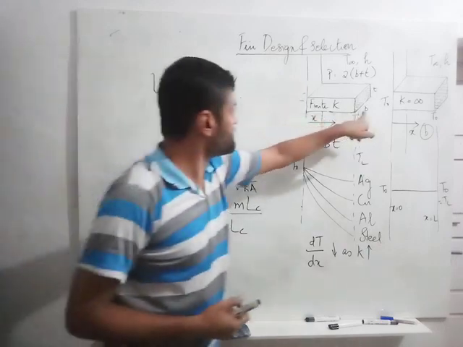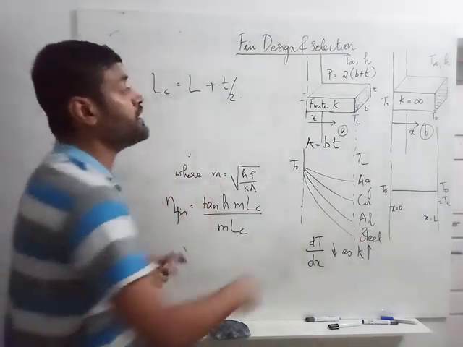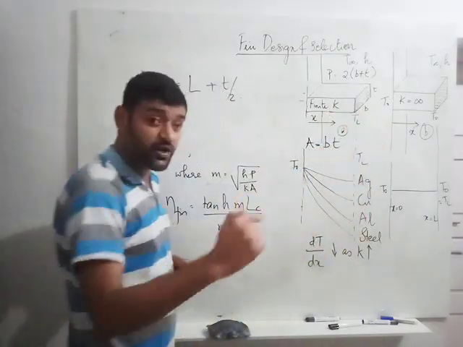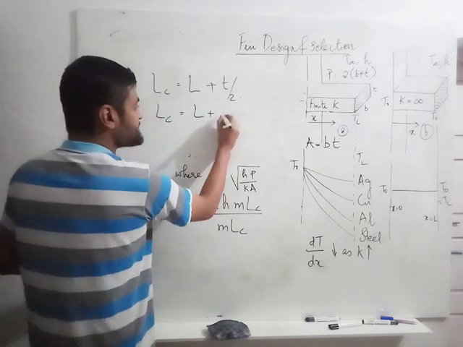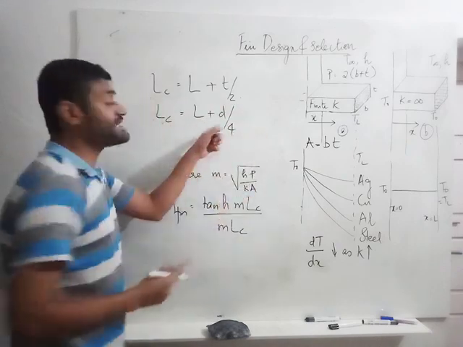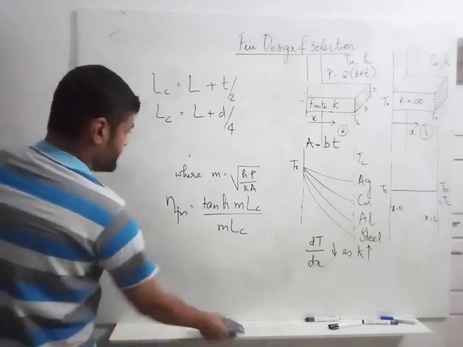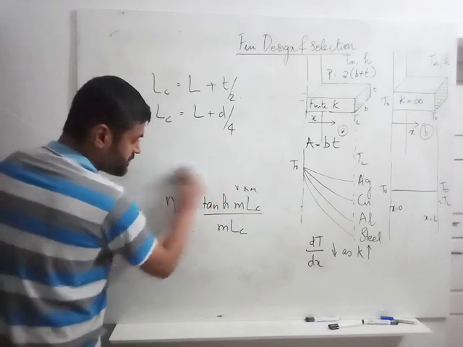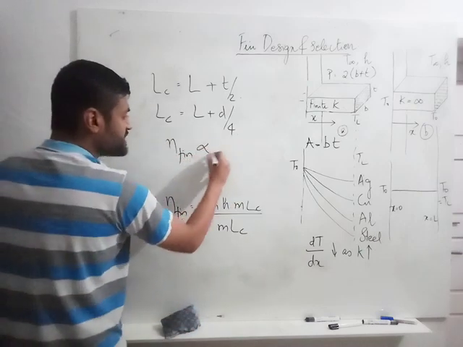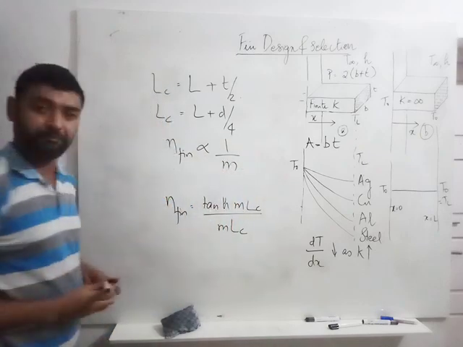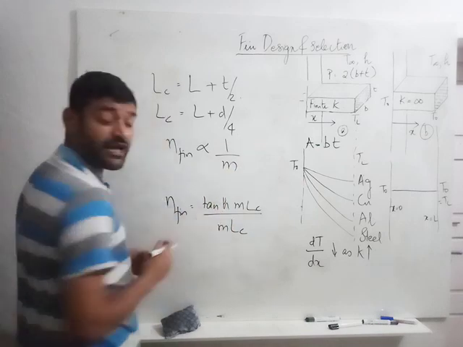Now instead of using a fin of rectangular cross section, if I had taken a pin fin or a fin which has a circular cross section, then my corrected length would have been L plus D by 4, where D is the diameter of the cross section of the fin. Now if you look at both the expressions for eta fin, it is very clear that eta fin is inversely proportional to the value of m, where m is nothing but square root of hP by kA.